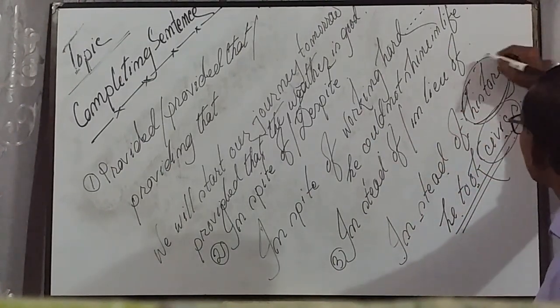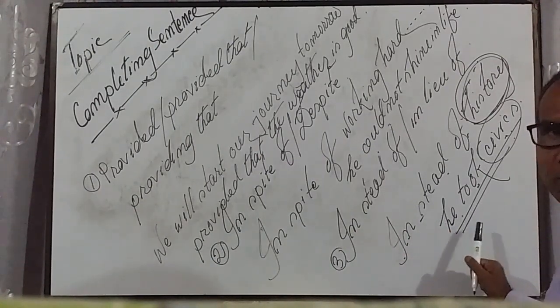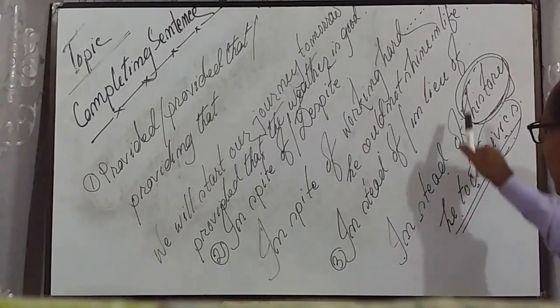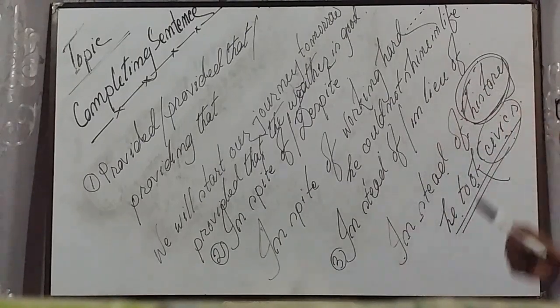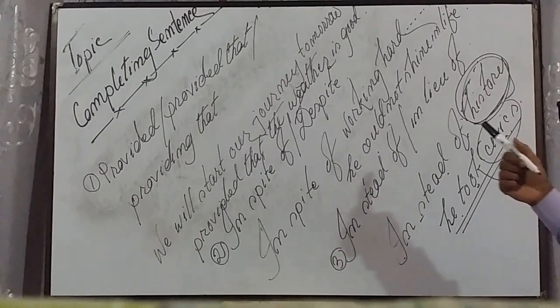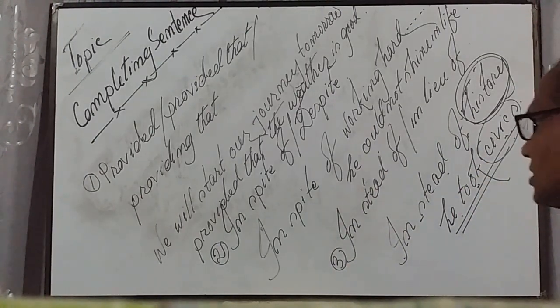You have to write only one word in this gap. Everything will be given in the question paper. After instead of, you have to write any subject: history, political science, geography, economics, whatever you like. Right? Okay.